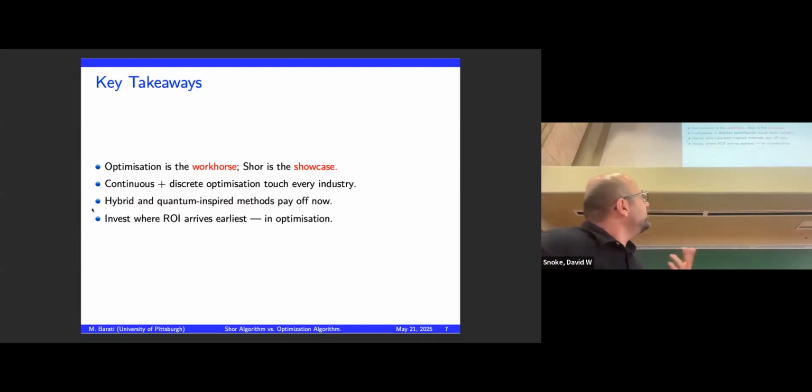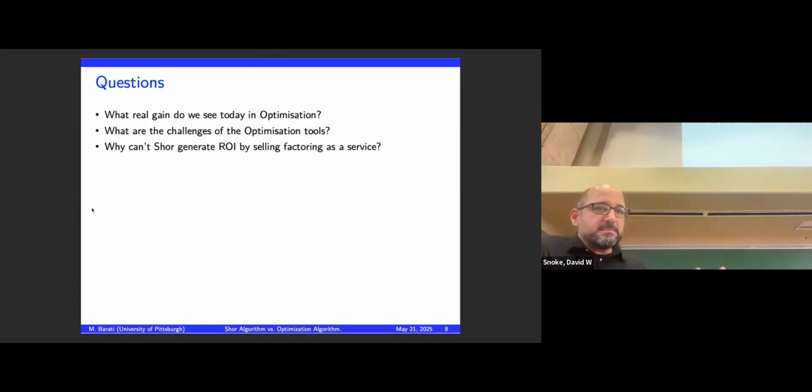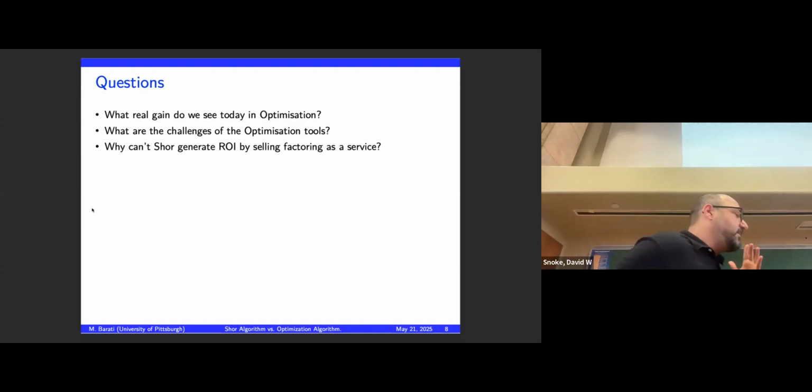Our intuition is that definitely the optimization, based on its application and also the future application of that. This is a possible question that we can ask the panelists. What real gains do we see today in optimization, and what are the current challenges of the optimization tools? Because the optimization problem is not an easy problem, specifically in the quantum area.